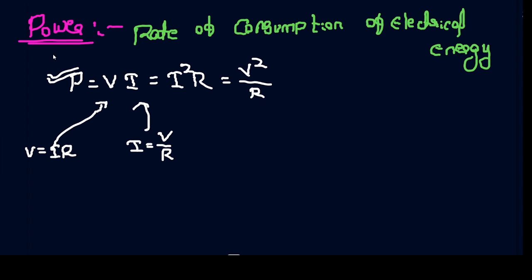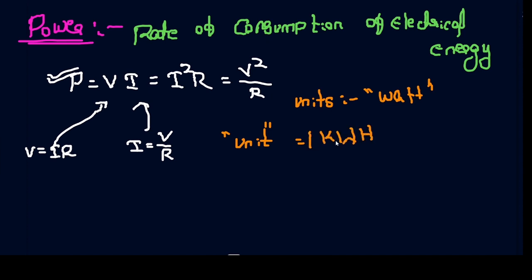Got it? But what is the unit of this power? The unit of power consumption is watt. Watt is a very small unit, but the power we consume at our homes is measured by the unit itself. 1 unit equals 1 kilowatt hour. 1 kilo is nothing but 1,000, and watt is watt, and an hour is 3600 seconds.